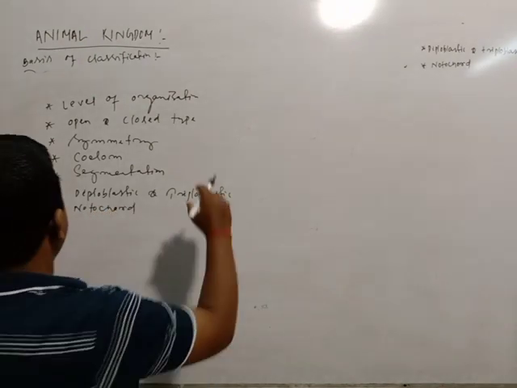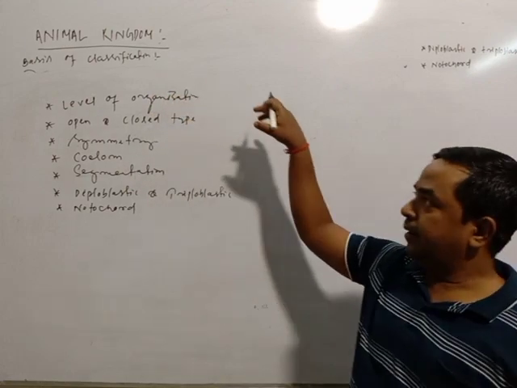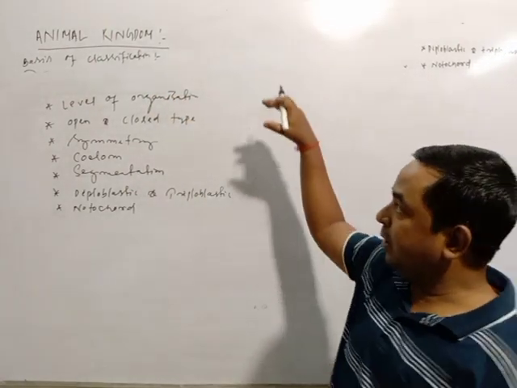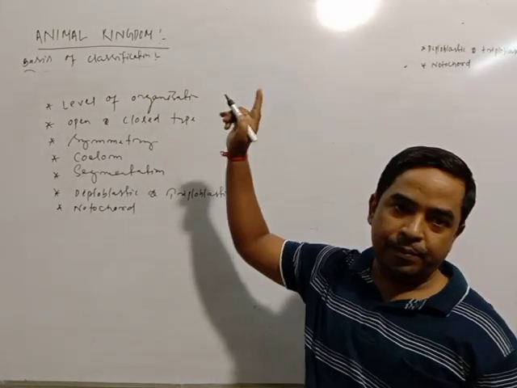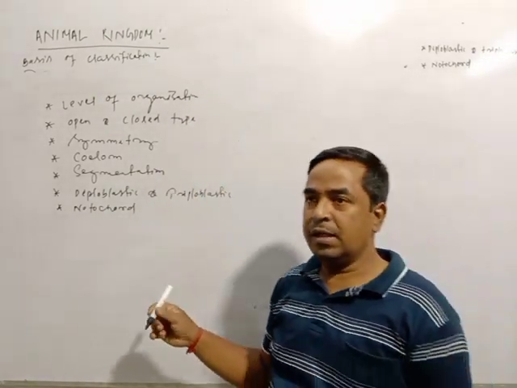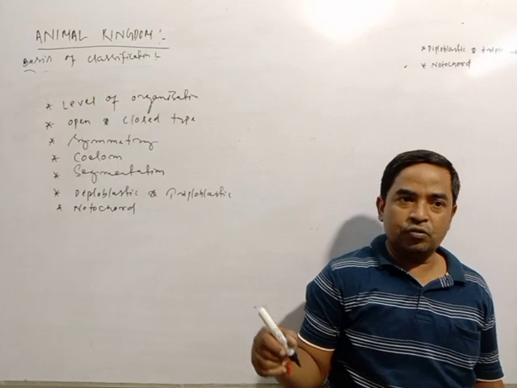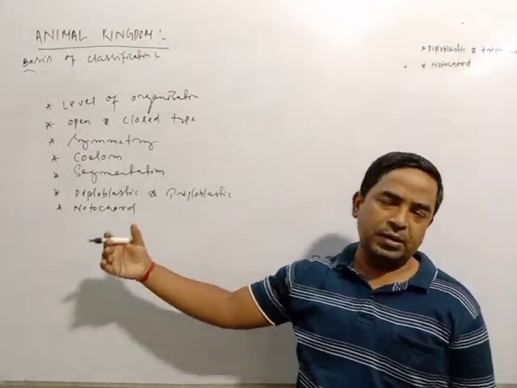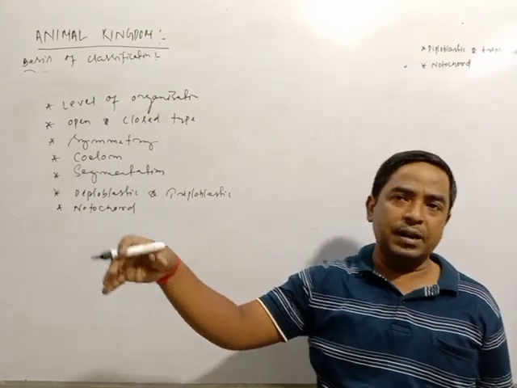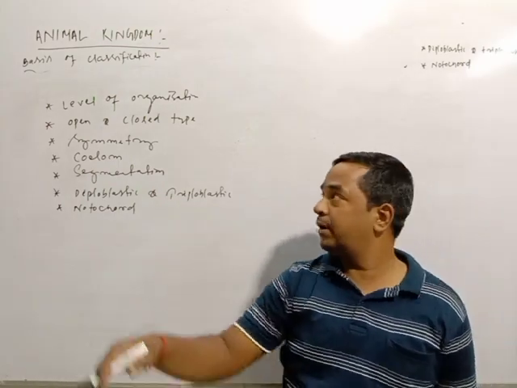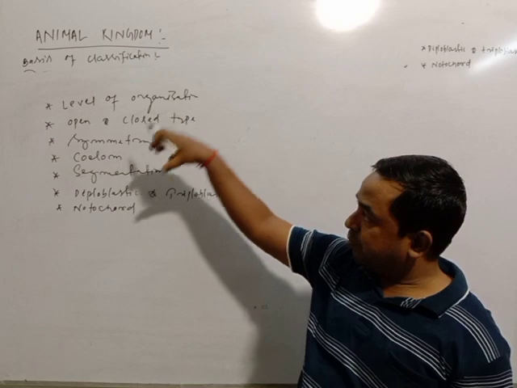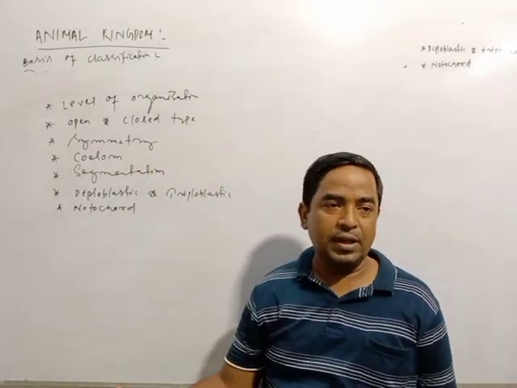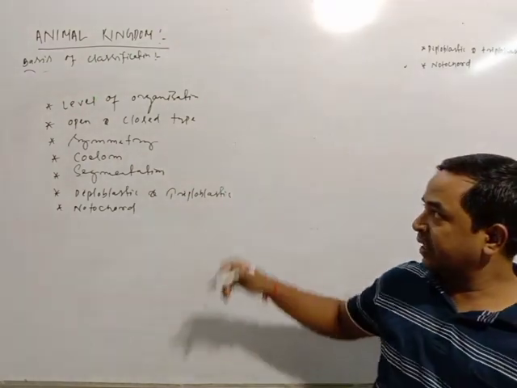In case of level of organism, it consists of protoplasmic level, cellular level, tissue level, organ level and organ system level. So various complexities are found in various animals.